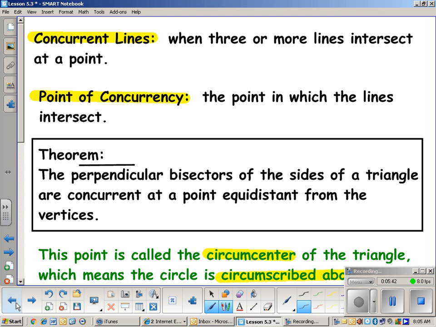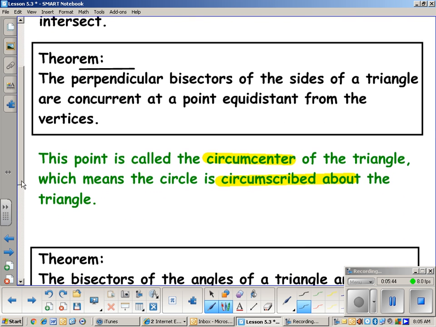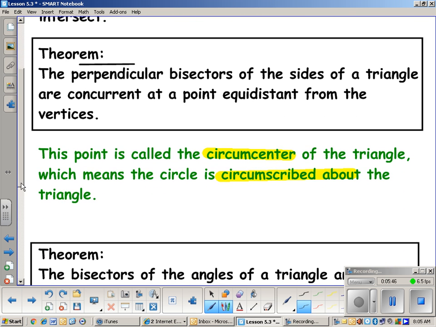Okay? Let's go back to this a second. The point in which they all meet is called the circumcenter of the triangle, which means a circle is circumscribed about the triangle. So let's go back.